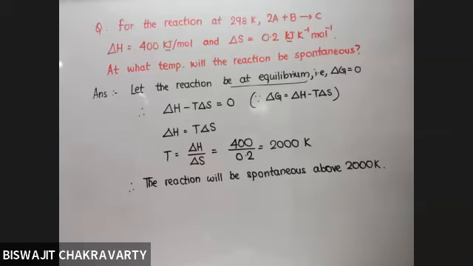All of you are clear now how to calculate the temperature for spontaneity? So always calculate for equilibrium and we will equate delta H minus T delta S equal to 0. And thereafter, the temperature will be increased or decreased and based on that, we will be calculating. Can I proceed further? Is it okay? Are you comfortable?